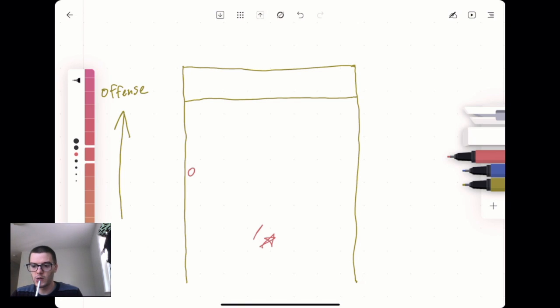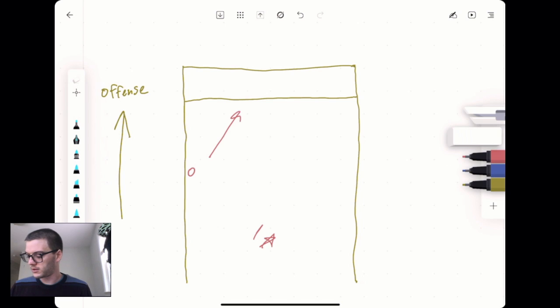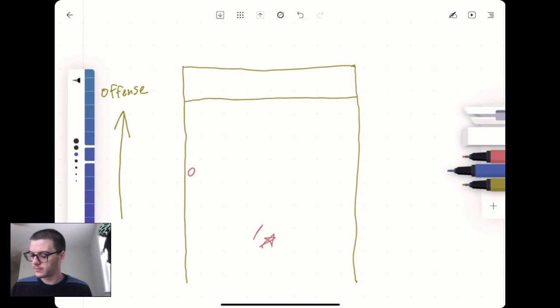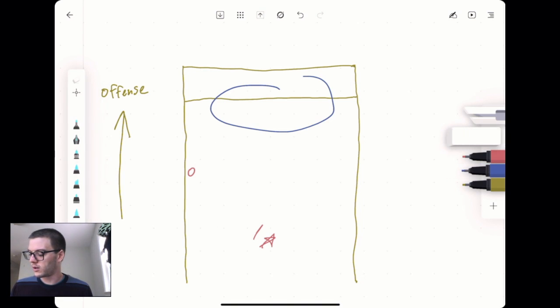Let's see. So they can go next to throw. Okay, yeah, I'll cover that in a minute. But yeah, just talking about this one. So the options here are basically like the deep one is very viable, right? There's all this space. So the deep option in this spot is very viable.